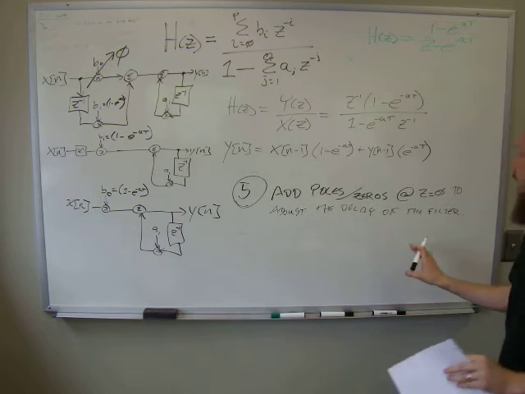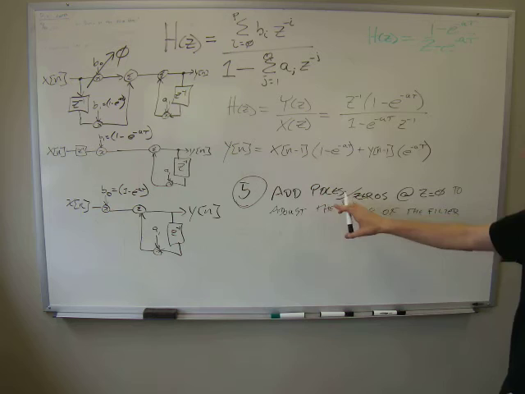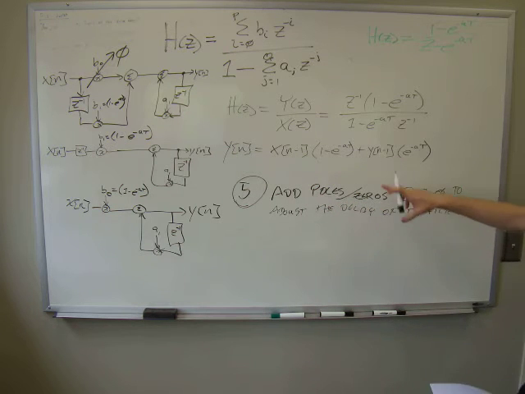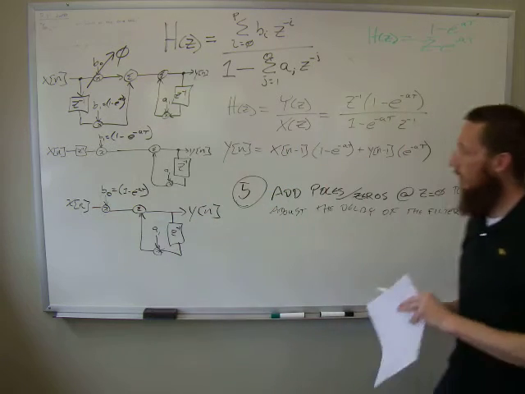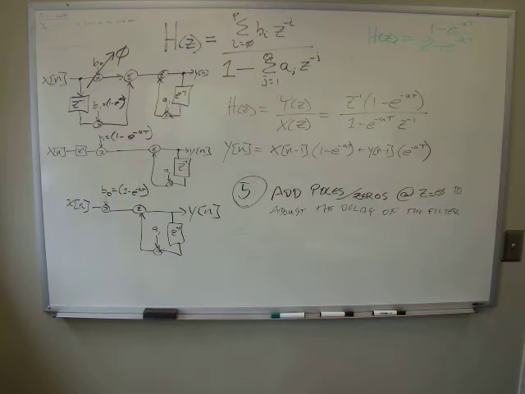So that's what it's talking about here. We can now add poles or zeros at z is equal to 0 to eliminate this guy in the numerator, because this and this are equivalent filters.